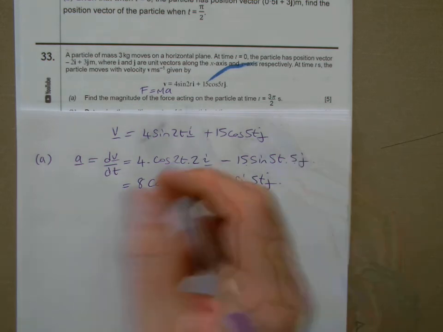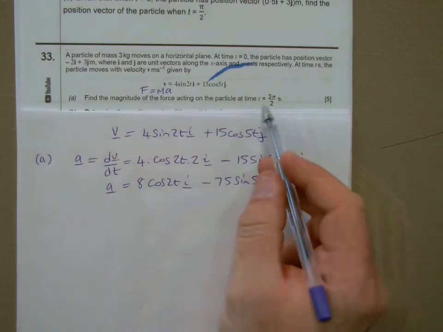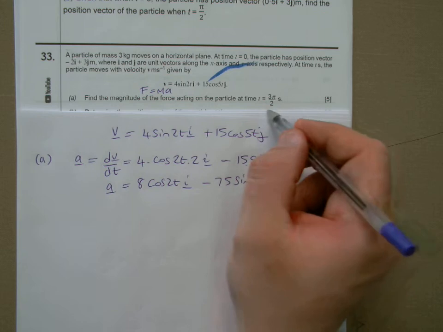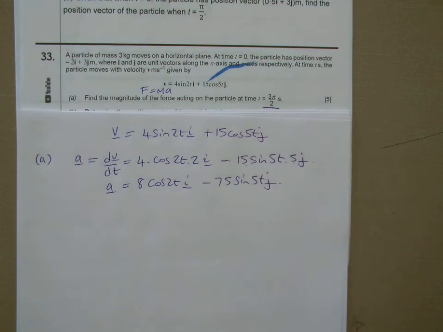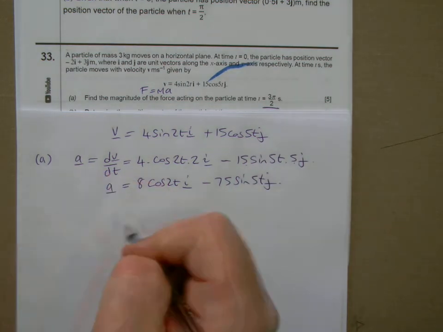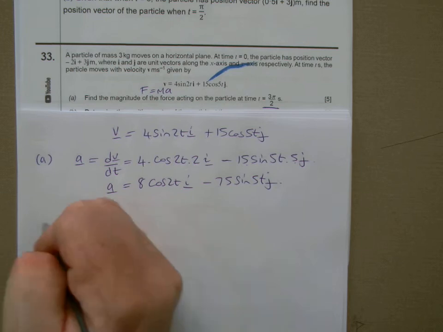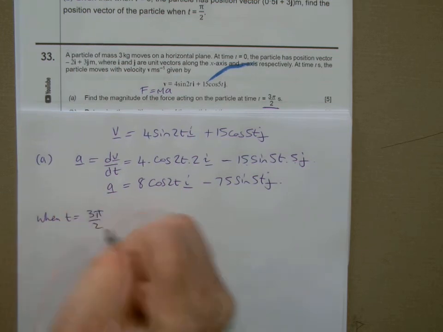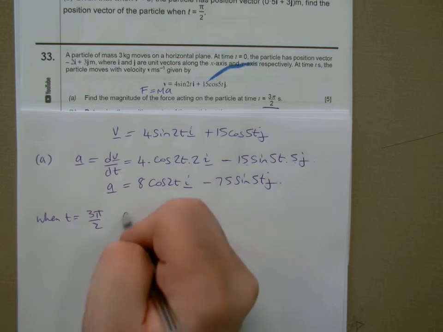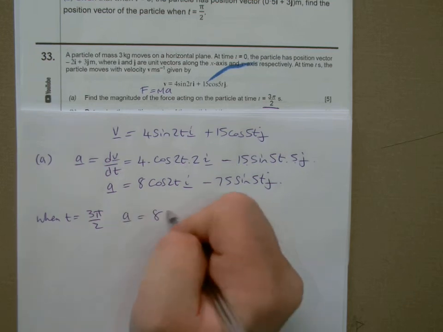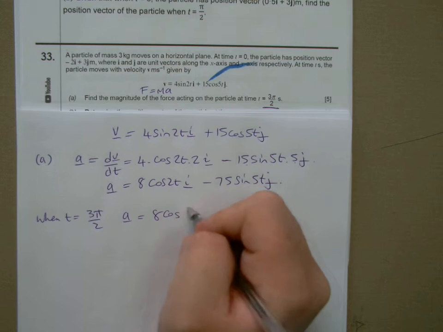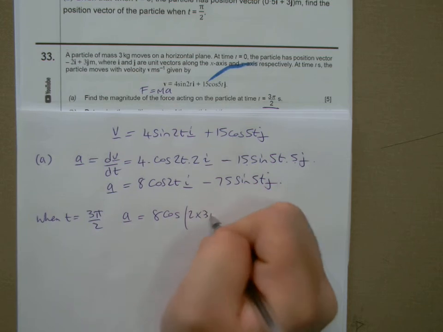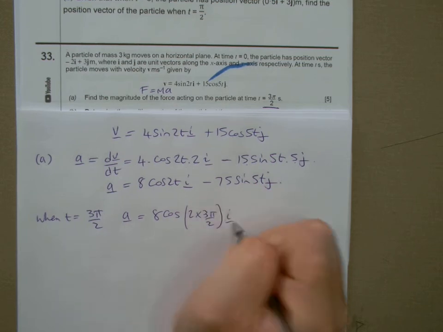So then, because that is my acceleration now, I'm going to work out the acceleration when t is that, okay? So when t is equal to 3 pi over 2, the acceleration will equal 8 cos. Now you've got 2t here, so it'll be 2 times 3 pi over 2, aye?